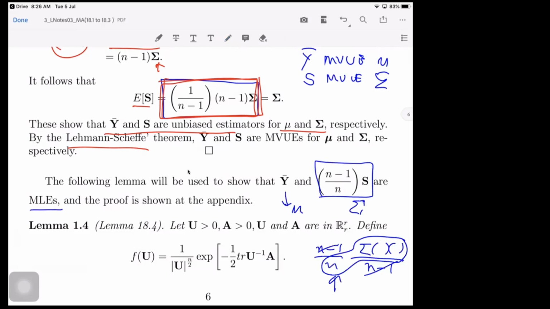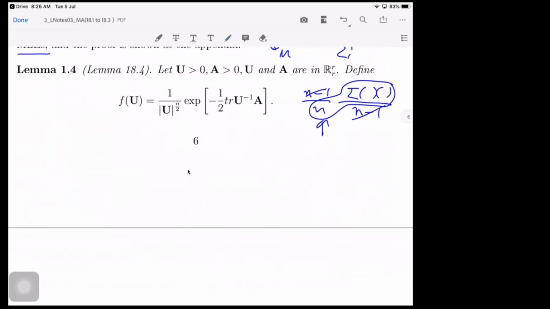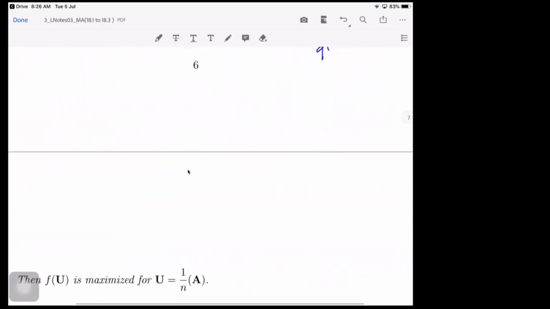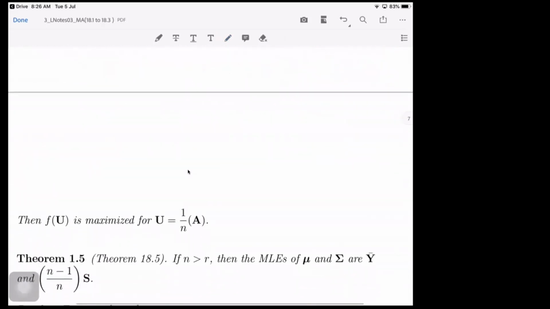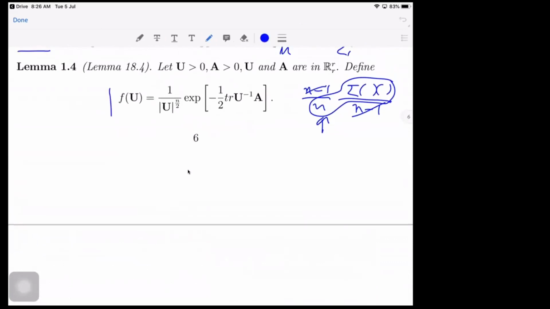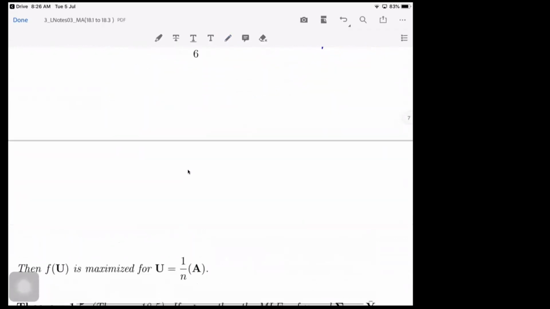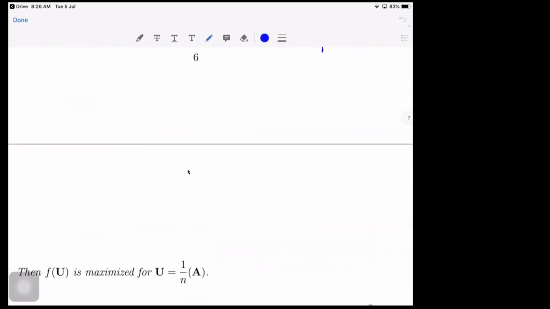So this lemma is useful in finding the maximum where the density is maximized. If we can write your joint density function in this manner, then this density is maximized at a value u equal to 1 over n a.